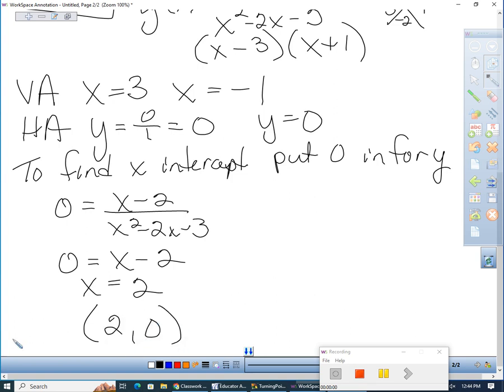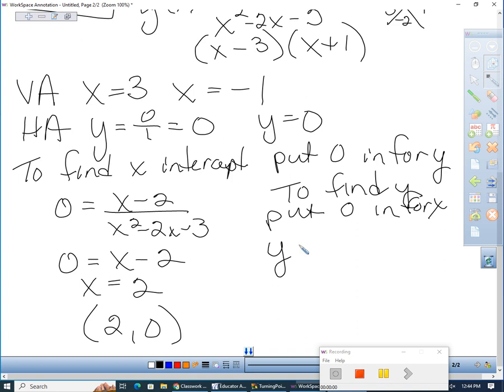To find the y-intercept, we put 0 in for x. So if I put 0 in for x, I have y equals 0 minus 2 over 0 squared minus 2 times 0 minus 3.